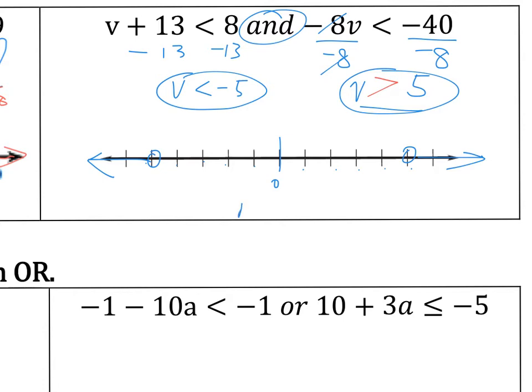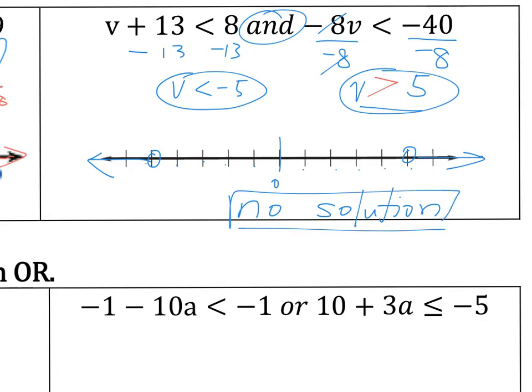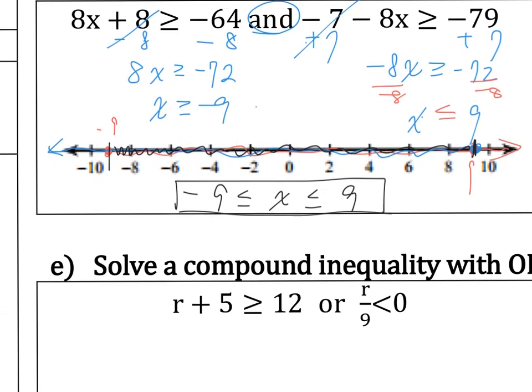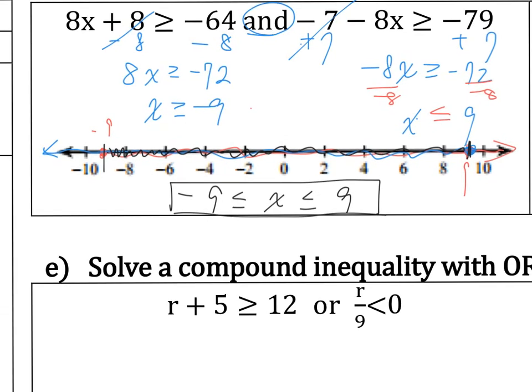So we have to write no solution. And if we compare this to the previous problem, there's an overlap in between. So this and tells us that you need to include all the answers that satisfy both inequalities.